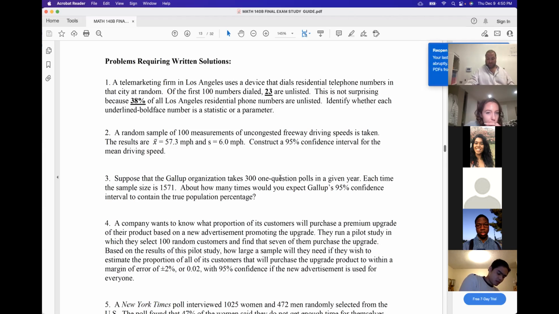Well, let's take a vote, shall we? In the chat, you mean? Yeah, put it in the chat. What I want in the chat is as follows: one of them, either parameter or statistic, comma, the other one, either parameter or statistic.